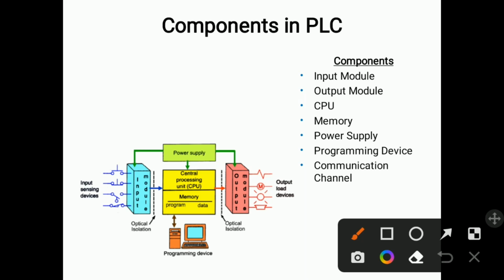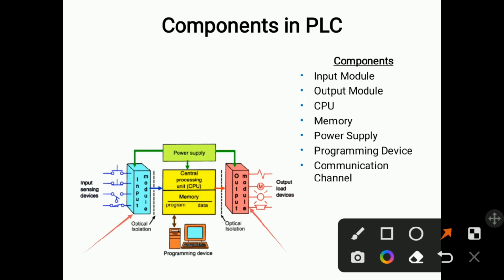So here this is input module, okay, where you can see many input sensing devices are connected. You can see different types of switches are there which are connected to this input module. Also on output side you can see there is output module is shown, which is connected to output load devices like motor, solenoids, light bulb, etc.